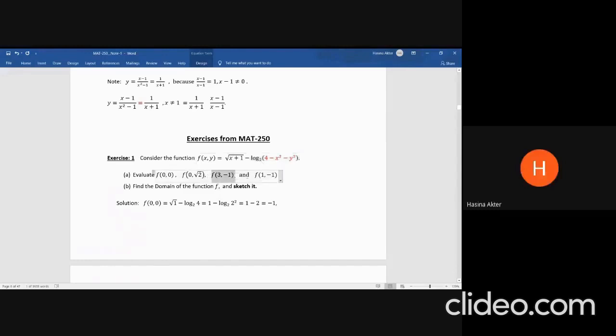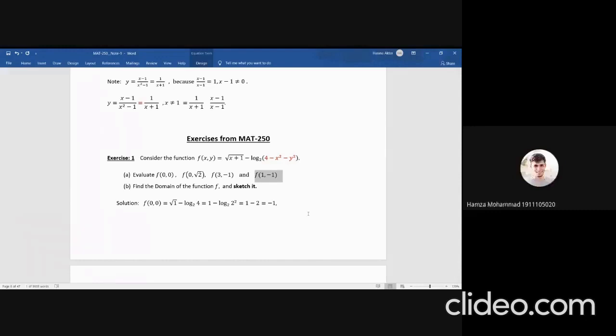Quickly, could you please give me the value of this? Root 2 minus 1.